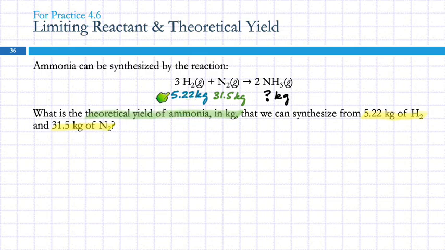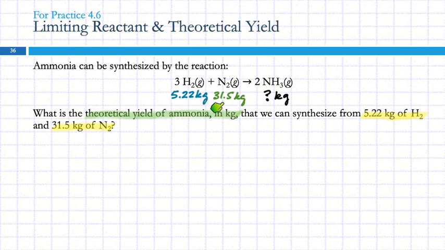If they only told us we had 5.22 kilograms of hydrogen and they didn't say anything about the nitrogen, what we would assume is that there's plenty of nitrogen. Or they might say this much hydrogen and excess nitrogen. And that says, oh, you don't need to worry about that, there's plenty of it.